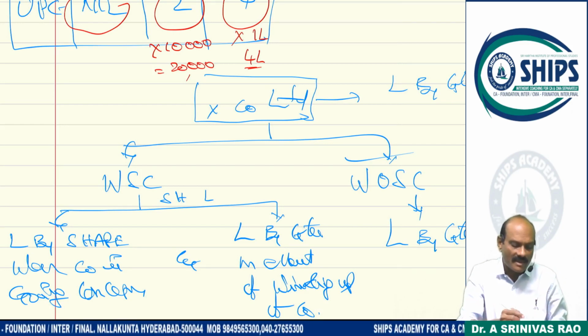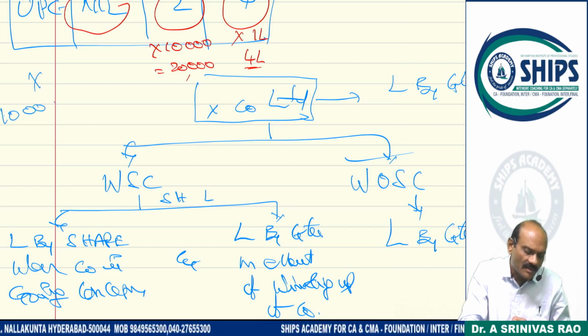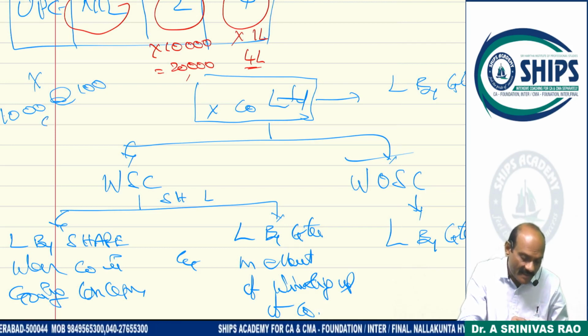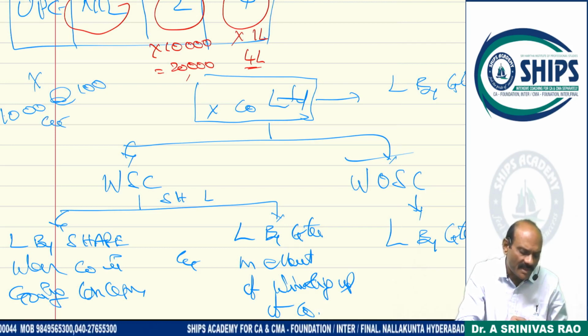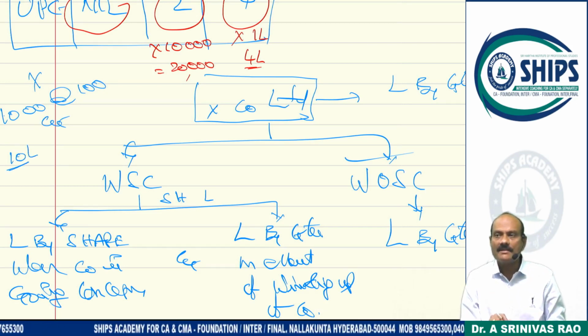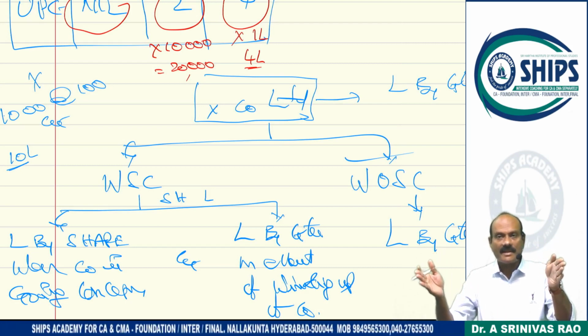What does it mean? Here, the shareholder Mr. X acquired 1000 shares at the rate of rupees 100, and he said, if any liability arises, I will pay rupees 10 lakhs. In this company, share capital is there as well as limited by guarantee.